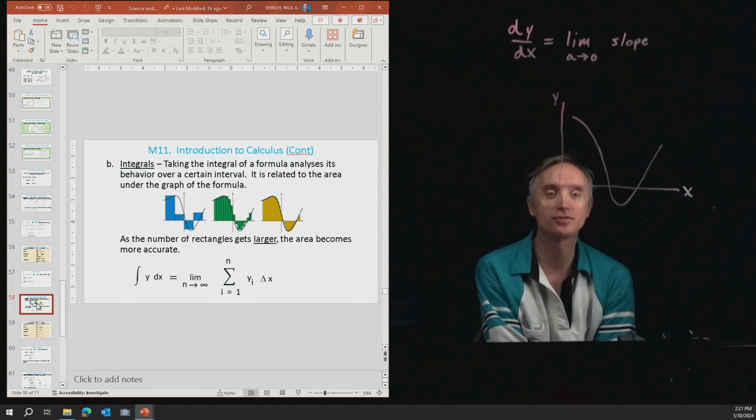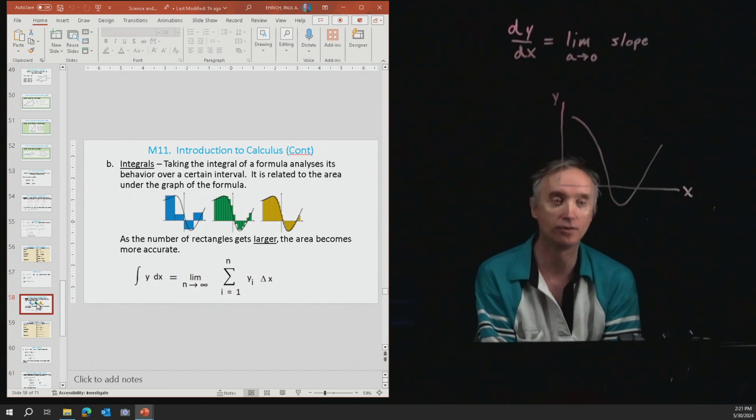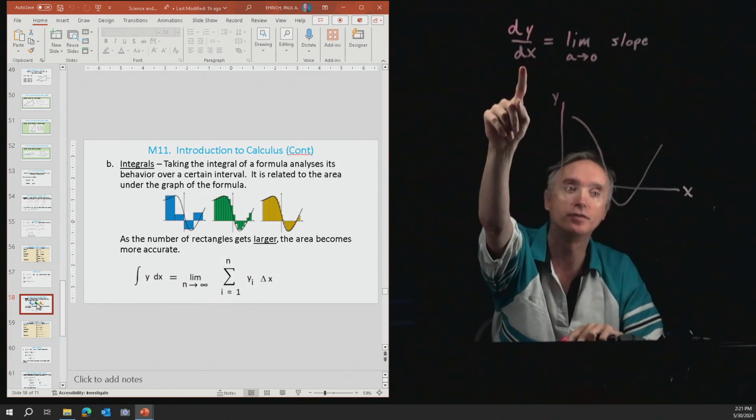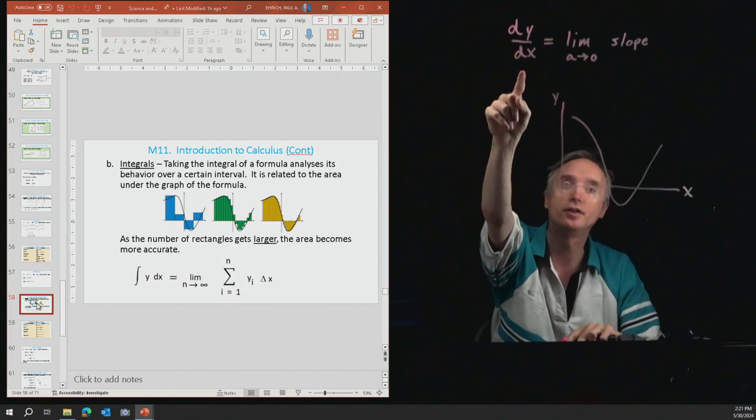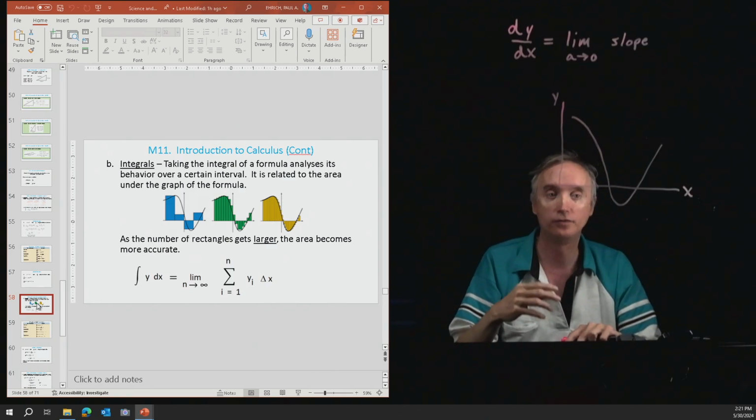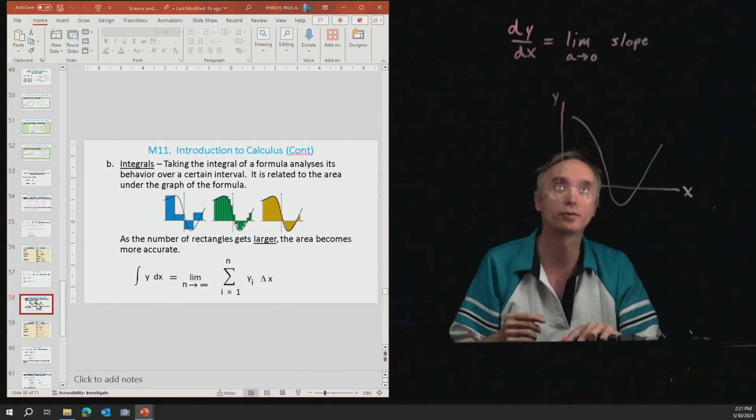So now we're going to talk about what is an integral, which is the second part of calculus. Just as a review, we've already done what a derivative is. A derivative is basically finding the slope of a curve at a particular point.